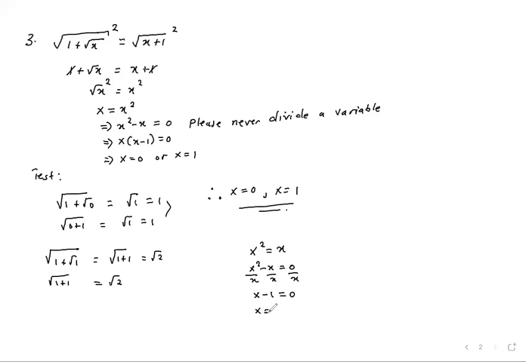So we just have x is equal to 1, forgetting about the other one, when we are supposed to also have x is equal to 0. That's why we never divide by the variable. So we should say never divide by the variable.